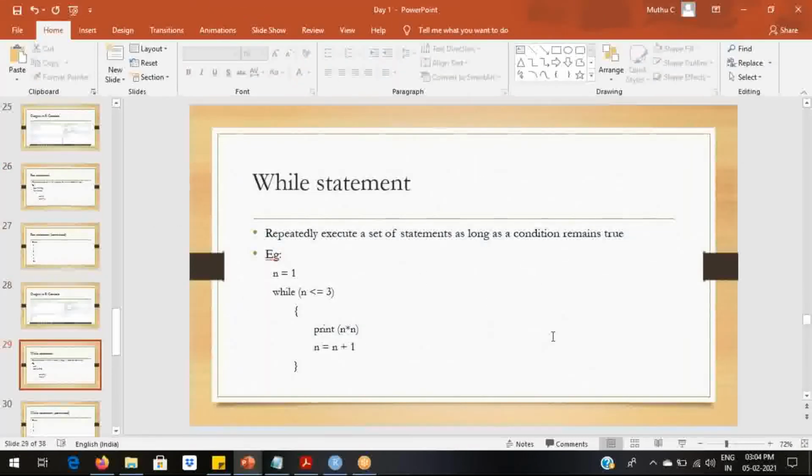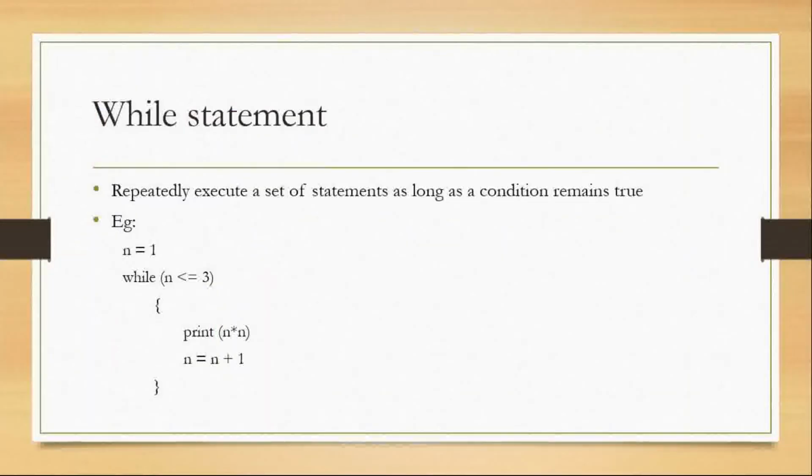Now let's look at the last control statement, which is the while statement. While too is a looping statement, as the statements inside the while statement get repeatedly executed. So while is repeated execution of a set of statements as long as a condition remains true.